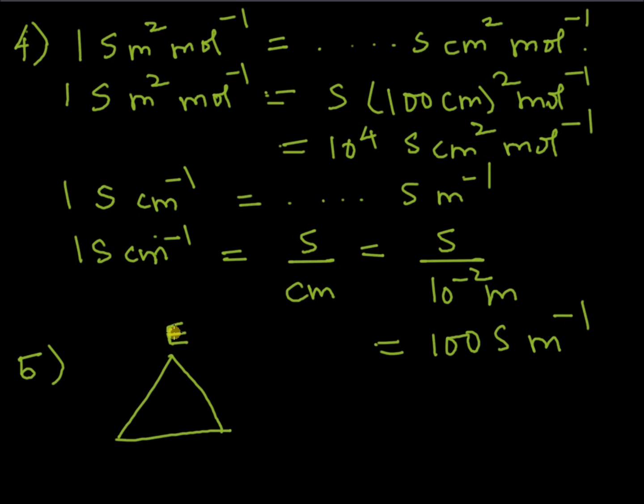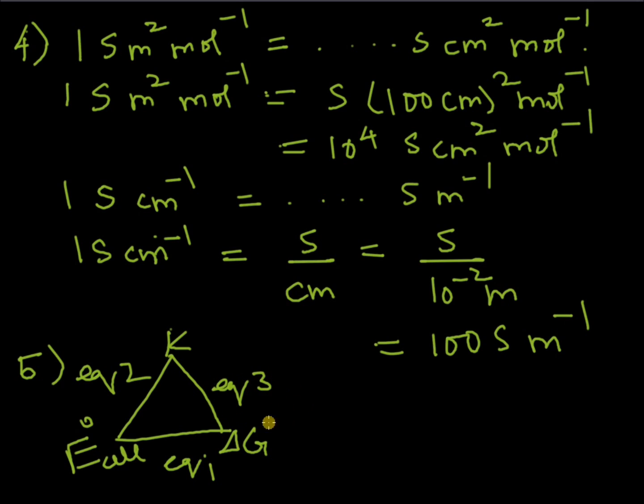One is K, this is K here, it's E naught cell, and this is del G. Equation 1, equation 2 and equation 3. You are given equation 1 as del G is equal to minus NF E naught cell. You are asked to write the other two relationships.